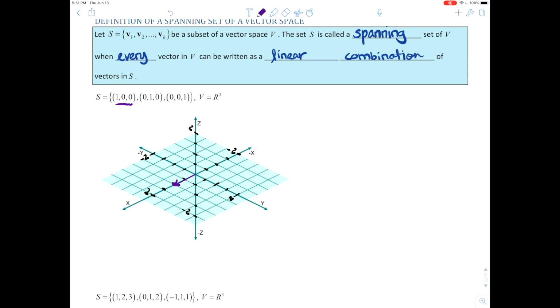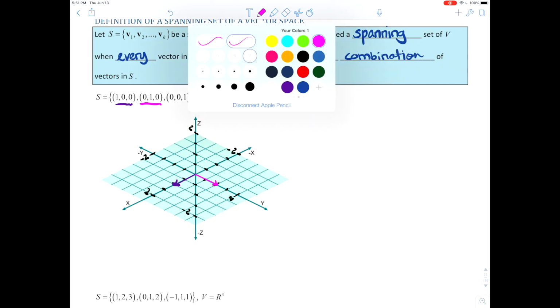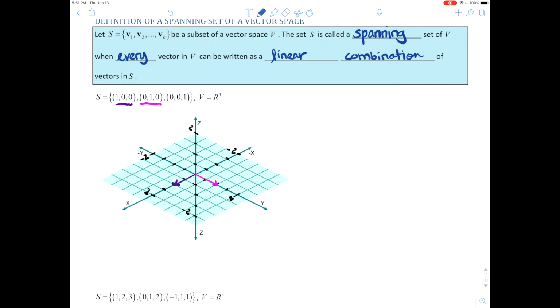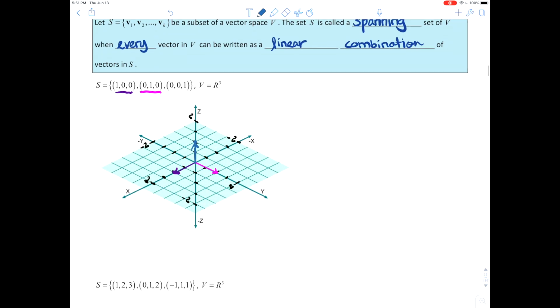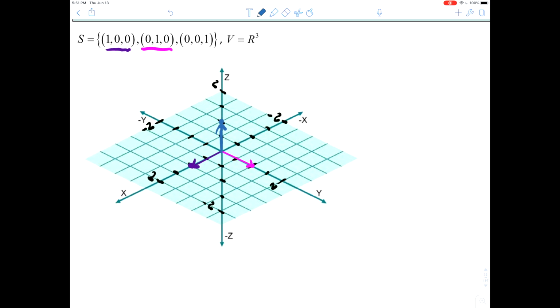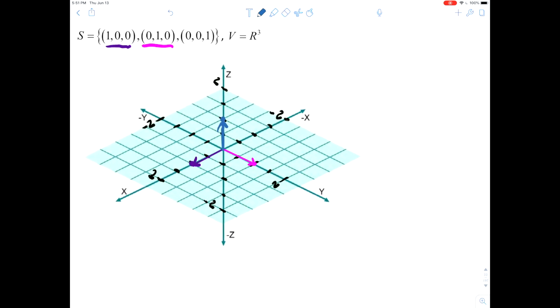And then continuing, we'll have 0, 1, 0 next. And that one goes along the y-axis. And then for our K vector, it'll look like this. Groovy? So that is the picture of our set S of vectors.